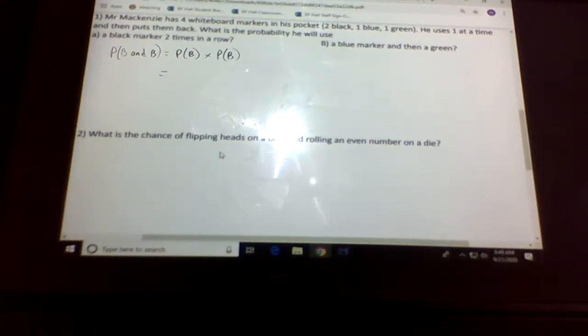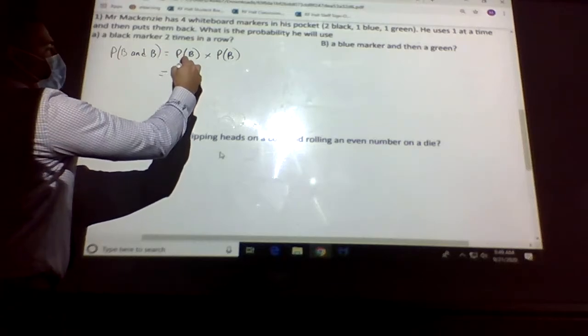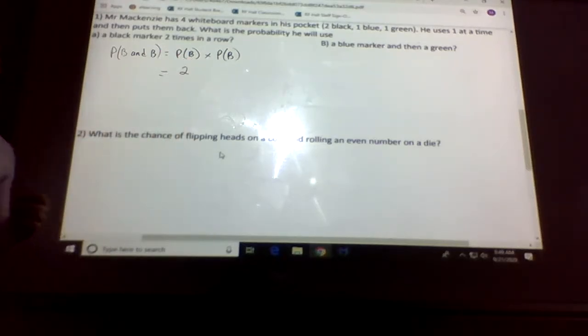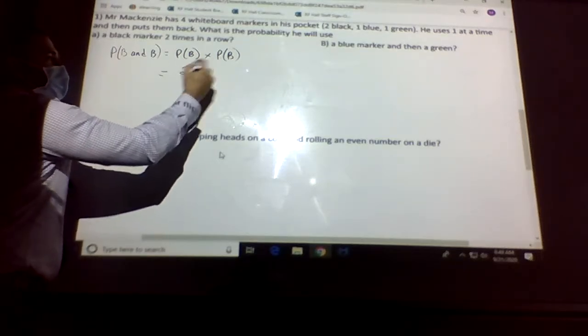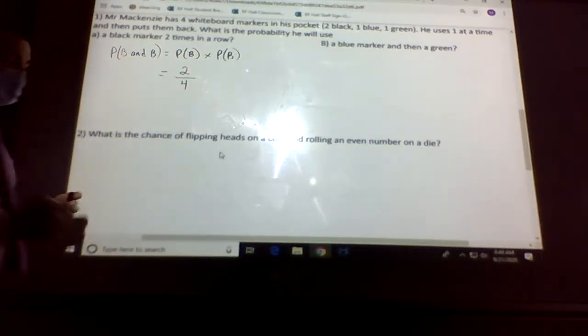How many black markers do we have? 2. Okay, so we pull it out. We have 2 black markers. Remember, it's the number that happens over the total. So 2 black markers over the total of 4.